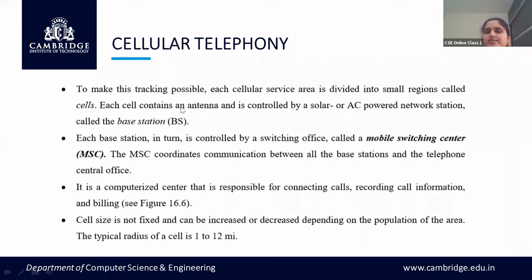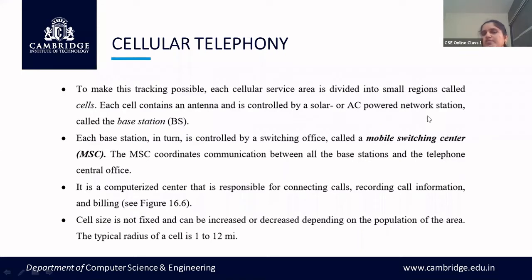To make this tracking possible, you can divide a particular region into many cells. For example, for a particular range, you divide that whole range into n number of cells, and each cell will contain one antenna as well as a solar powered network station in order to form the topology.